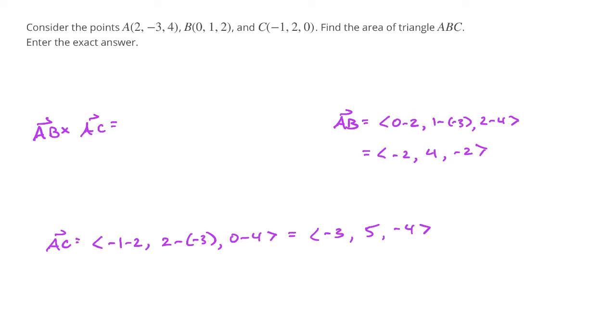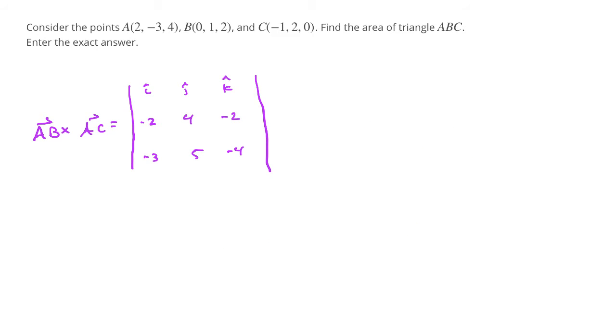Taking the cross product of those two vectors, we are going to use our 3 by 3 determinant to help us remember what our formulas were. So we have negative 2, 4, and negative 2, and then negative 3, 5, and negative 4. Our first 2 by 2 determinant is going to be 4, negative 2, 5, negative 4.